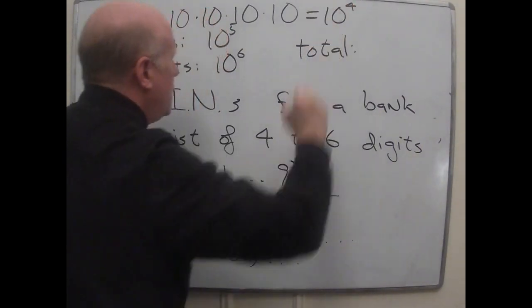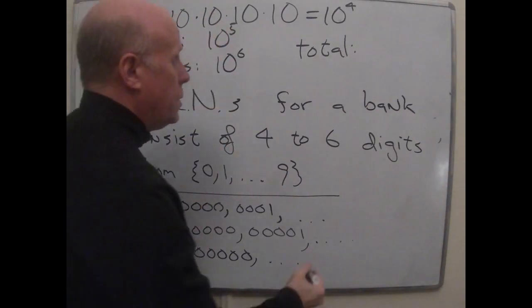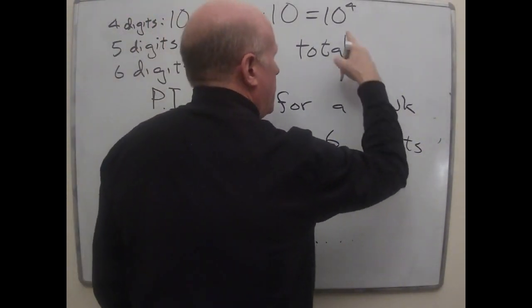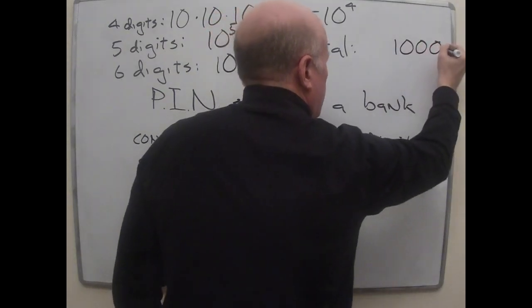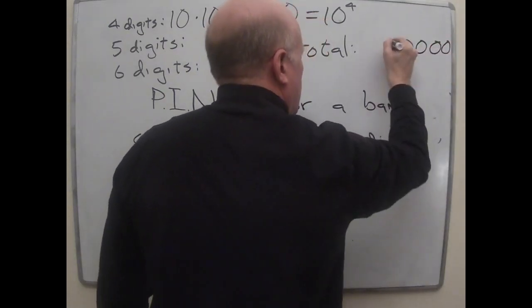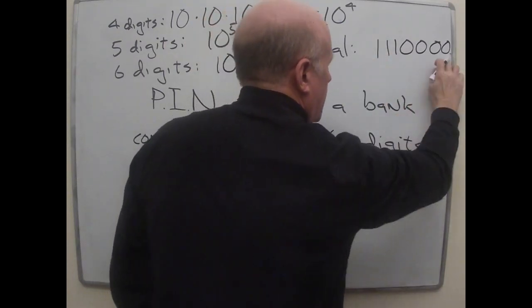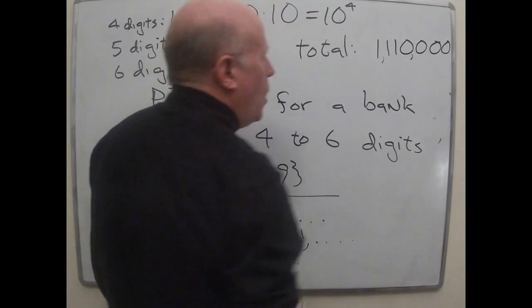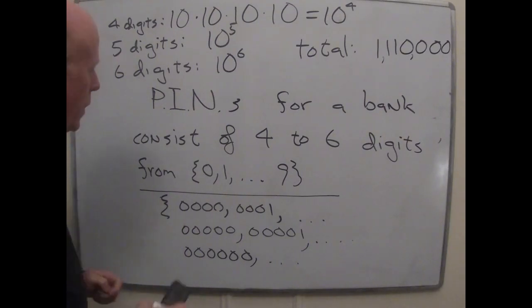Total is 10 to the 6 plus 10 to the 5 plus 10 to the 4. 10 to the 4 is 10,000, so it has 4 zeros after it, and then there's the 10 to the 5th, and there's the 10 to the 6th. So it's right like that. 1.11 million possible PINs. Nice.